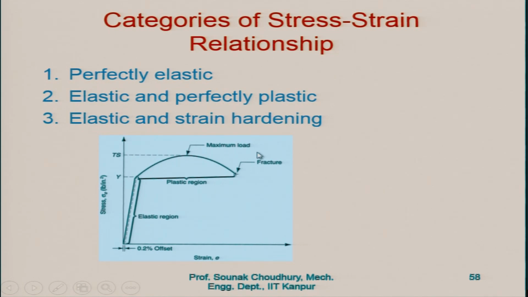By these categories we mean that if we take the stress strain relationship of a ductile material, as you understand, we have three distinct regions, okay. The perfectly elastic region, then elastic and plastic, a small region, and then elastic and strain hardening.